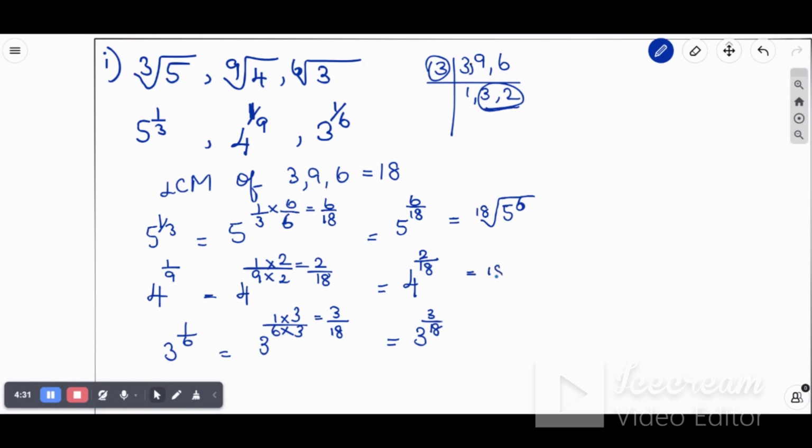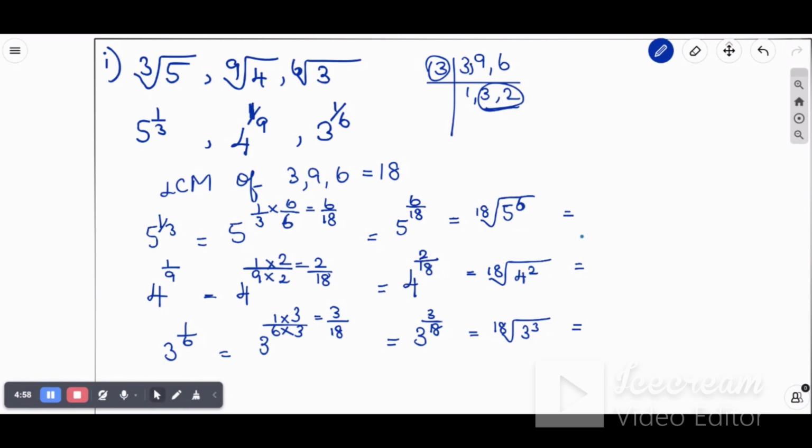Here also the same thing, the 18th root as such, but this will be your 4 square. And here again, put the 18th root as such and then put your 3 cube. Okay, so this is your answer now. We can completely see all are taking the 18th root. So now we have to decide whether 5 power 6 is bigger or 4 square is bigger.